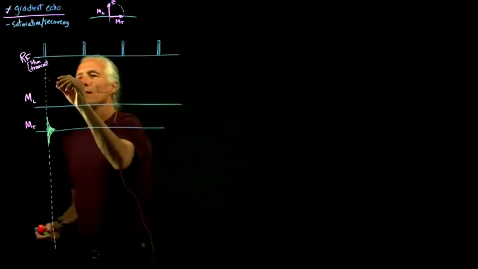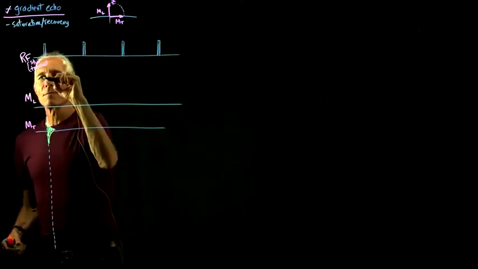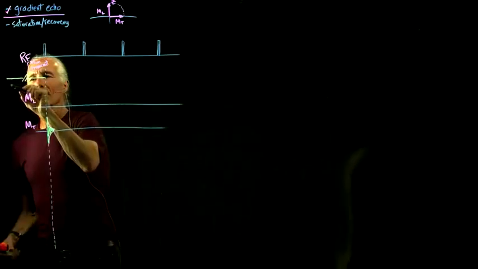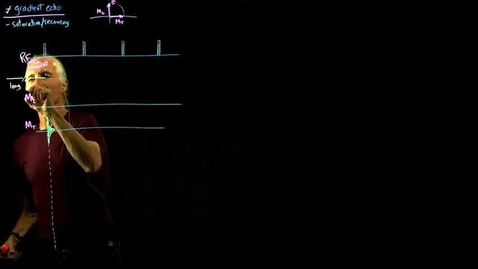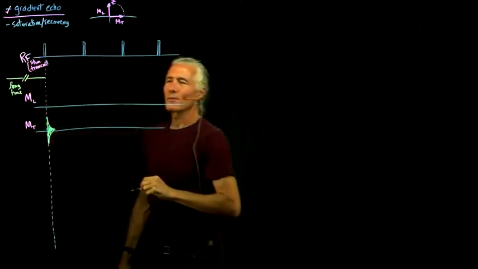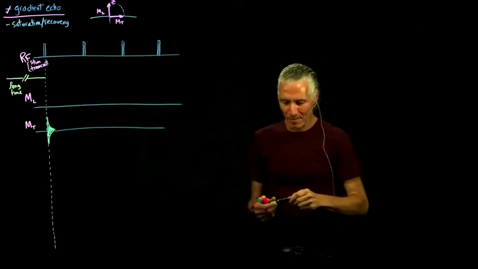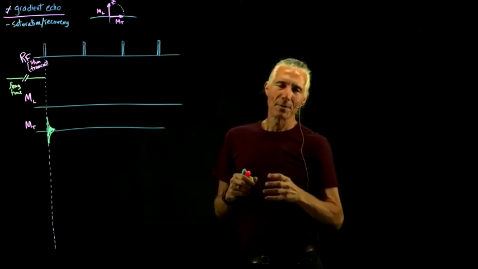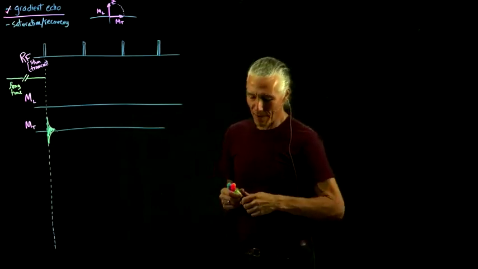And so what do we start off with? What we start off with, here's a long time. Why are we doing a long time? That's so that we can make sure that we've gotten all the way up to our equilibrium magnetization.